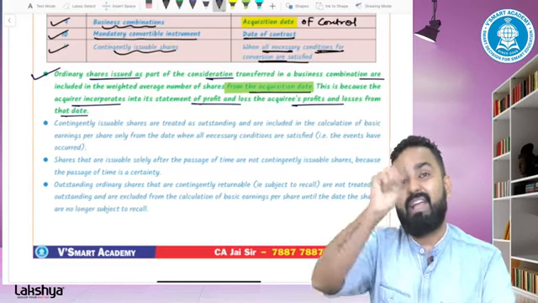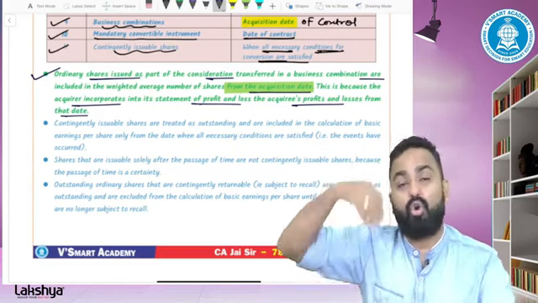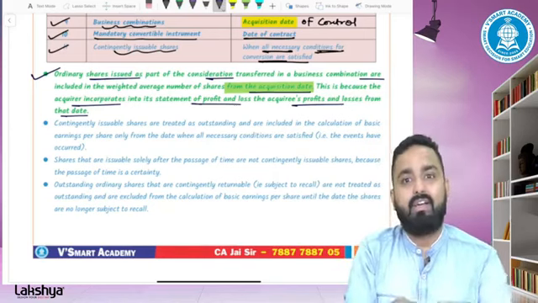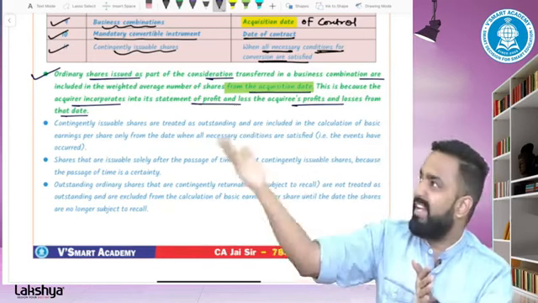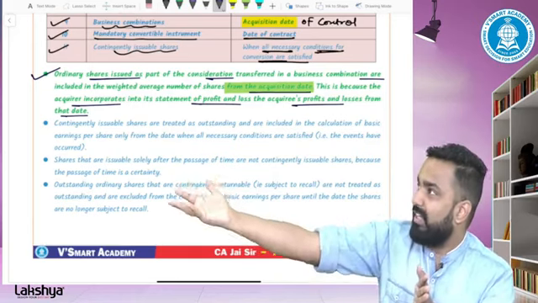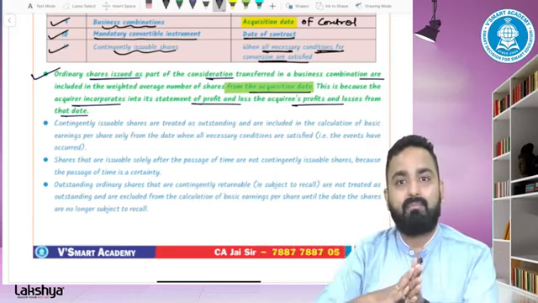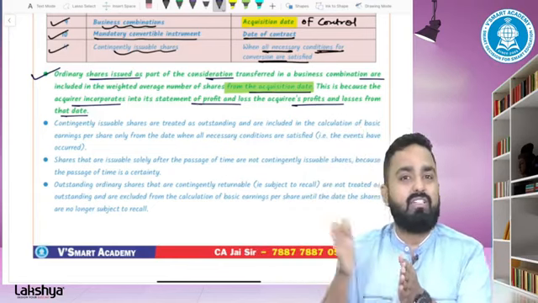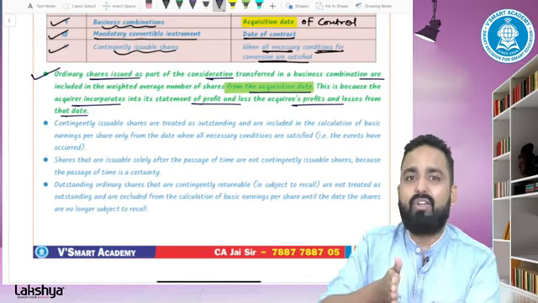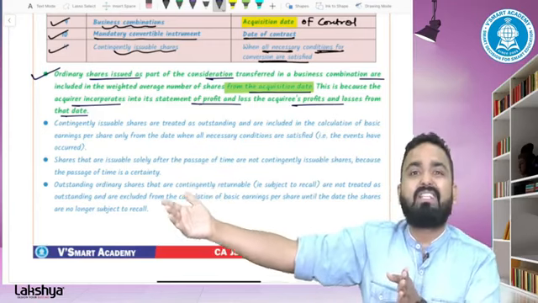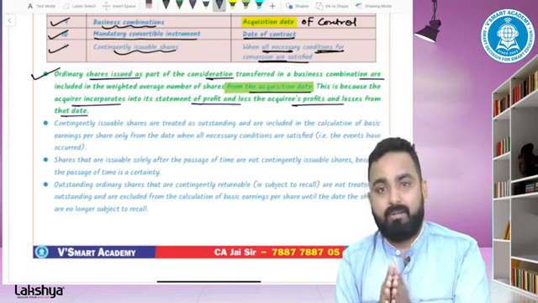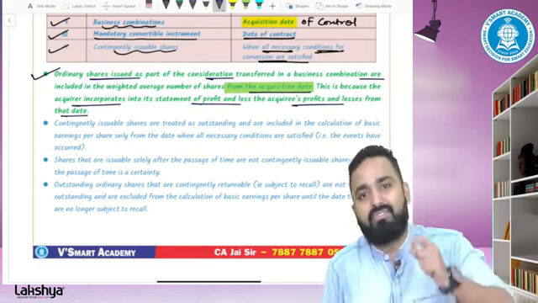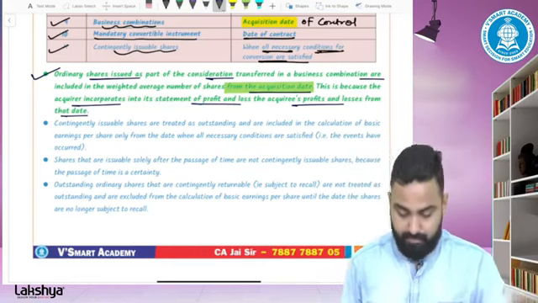The date when we actually acquire control over the acquiree is very important, because from that date only we take all the assets, all the liabilities, and all the earnings from the acquiree. Even the consolidation starts from that date. We start consolidating the profit and loss of the acquiree from that date only. So technically, that is the date from which we can take the weighted average.